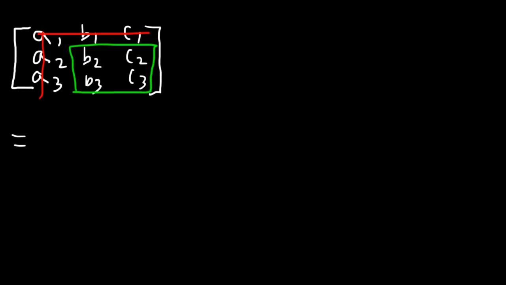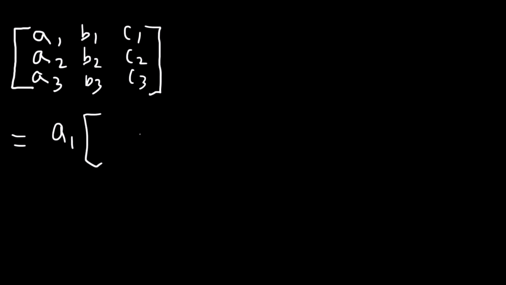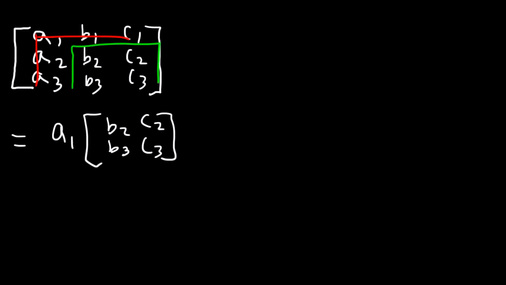B2, C2, B3, C3. So you're going to use A1, and it's going to be reduced to a 2x2 matrix. So it's going to be A1, and then B2, C2, B3, C3. So when you cross out row 1 and column 1, you'll be left with B2, C2, B3, C3.